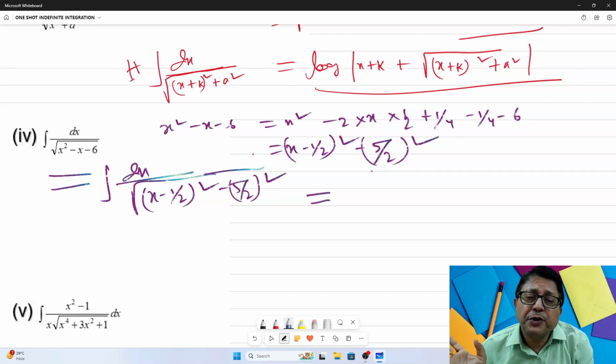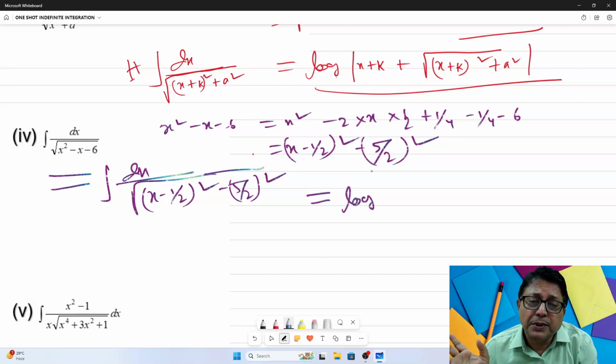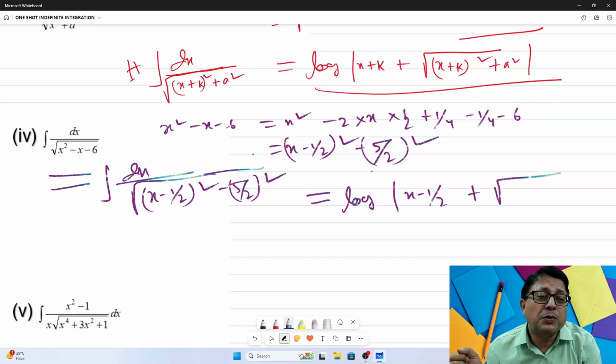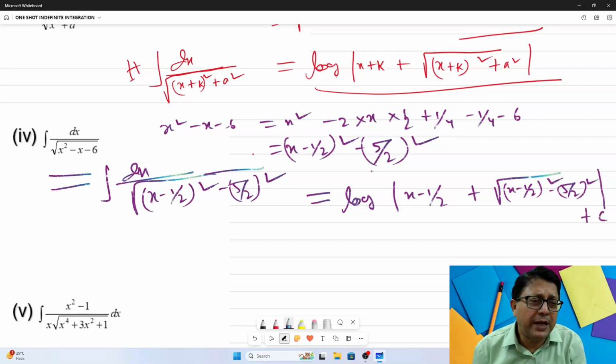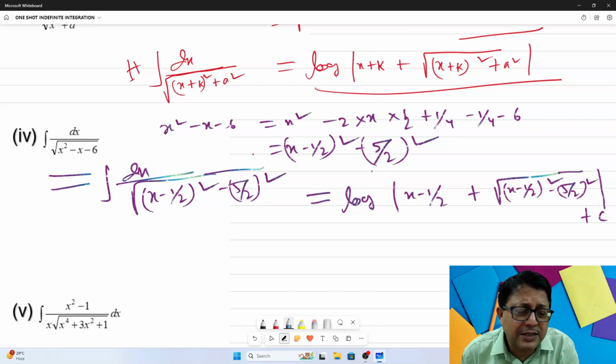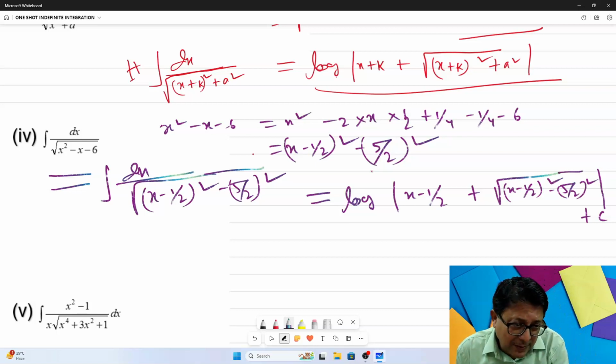So this is going to be log of x, where x means x minus half, plus under root x minus half whole square minus 5 by 2 whole square. Okay, a little bit of simplification will help you score full marks, otherwise there is a chance of deducting marks. Why?